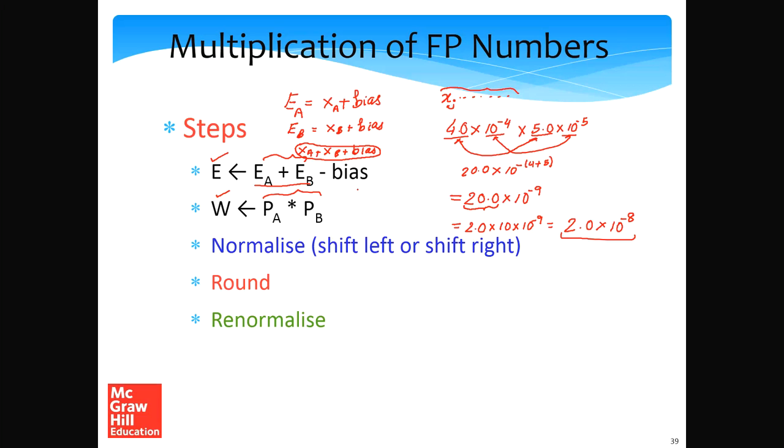This normalization has to be done to ensure that all our numbers are in the normal form. Then if some shifting has been done, rounding has to be done, because if some bits are being thrown out, we want the remaining significand to reflect their effect at least. Rounding can cause further problems, so we have to renormalize.